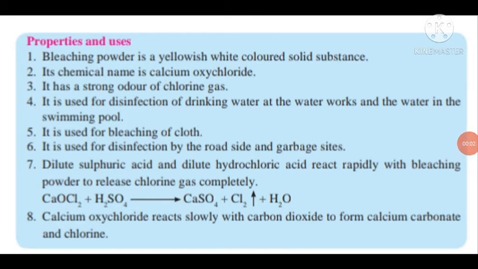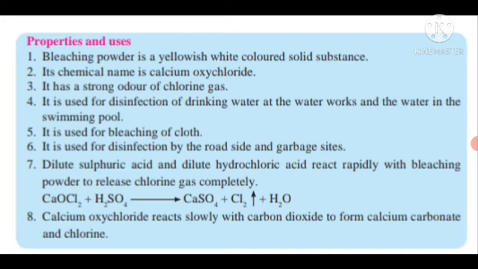After that, let us study the properties and uses of bleaching powder. Number 1. Bleaching powder is a yellowish white colored solid substance. Number 2. Its chemical name is calcium oxychloride. Number 3. It has a strong odor of chlorine gas.